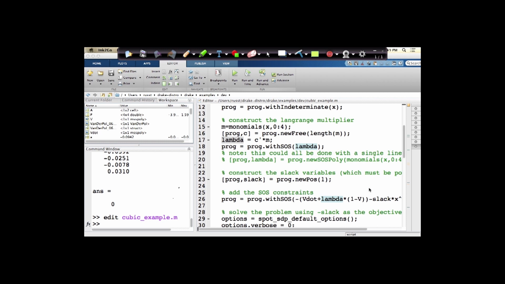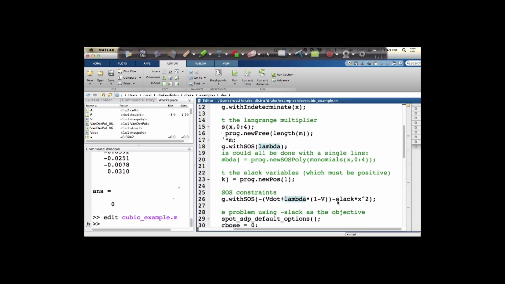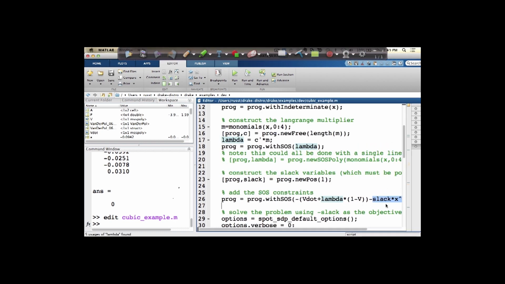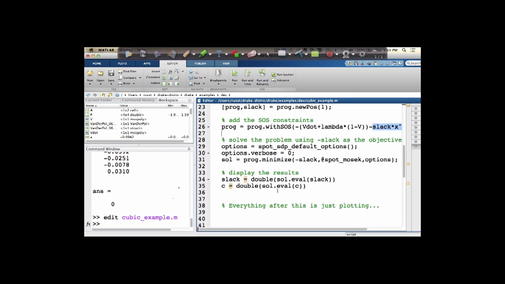Now, because there's this gap between negative semi-definite and strictly negative definite, I'm going to add in a little slack. I'm going to ask it to be not just negative, but smaller than some slack. I'm just adding this in for numerics to have an objective, to really try to be as negative as possible. Then I say minimize, make that as small as possible, and display the results.